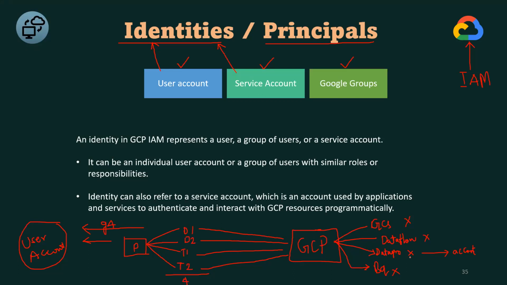Okay. And one more thing is Google Groups. So what is this Google Groups, sir? I told you, if you have four user accounts, you can create one group. One group you can equate to four user accounts, I would say. Sir, I don't want to individually provide access to each user account, because all the users need the same level of access, the same level of permissions.